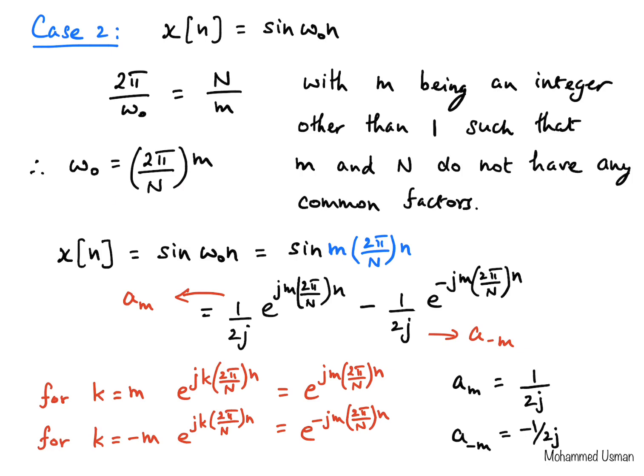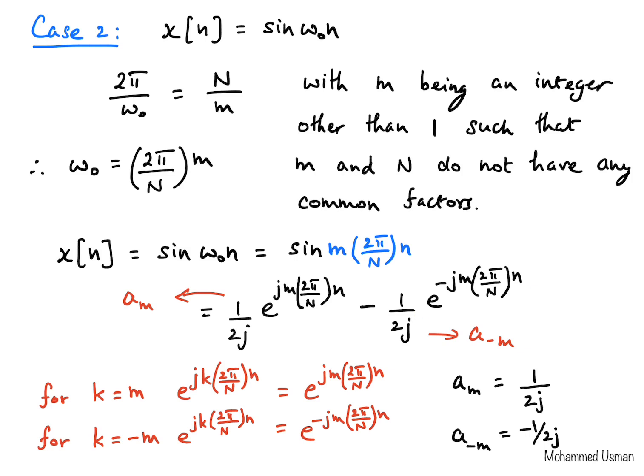So our signal sine omega naught n can be written as sine m into 2 pi by n times n, because omega naught is this value. We just substitute the value of omega naught in this expression and write it using Euler's formula, writing the sine omega naught n as the sum of complex exponentials: e power j omega naught n minus e power minus j omega naught n divided by 2j.